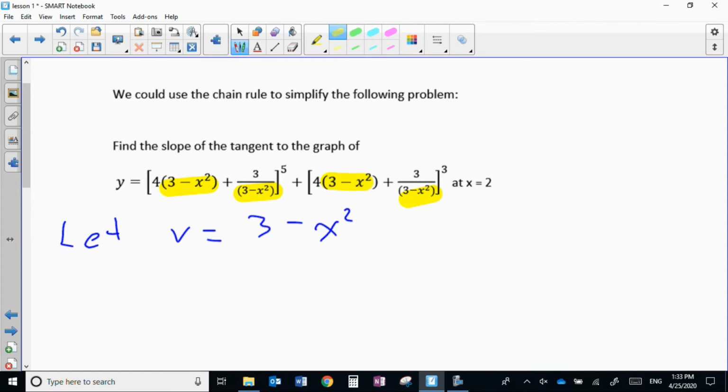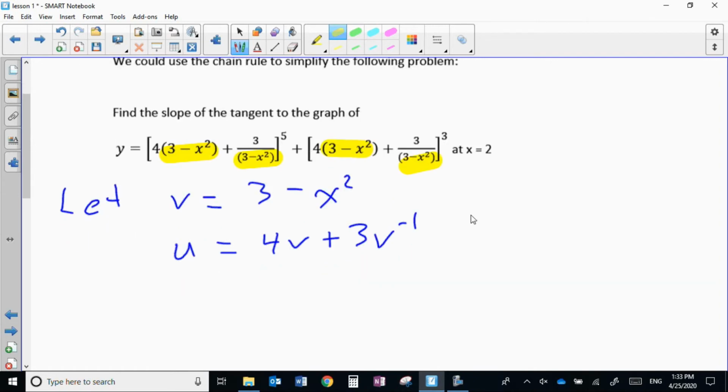And then I could take u, and I could say u is now equal to 4v plus 3v to the power of -1. And I did that because I noticed, hey, look, this is 4v plus 3v to the power of -1, and so is this, 4v plus 3v to the power of -1. So I see that the u now is like all this and all this.